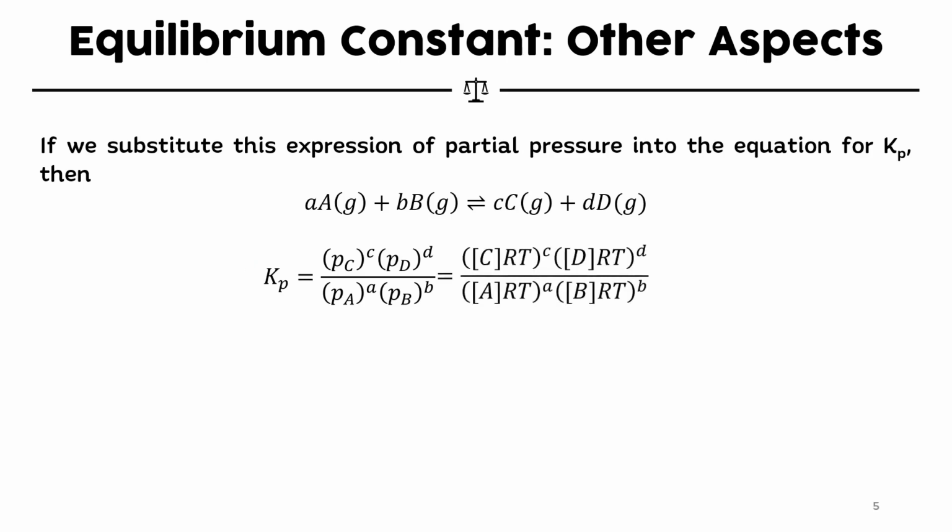So we apply our exponential laws, wherein m times n raised to the power of a, the exponent a will be distributed on both terms, so that is equal to m^a times n^a. We will do the same to each of these expressions for each component in the reversible reaction.